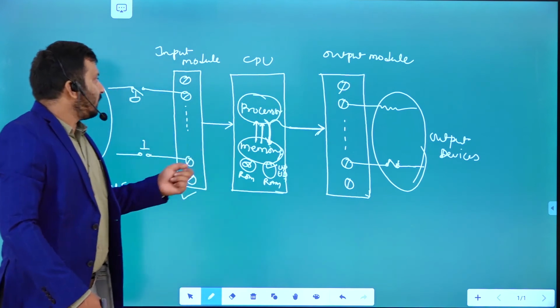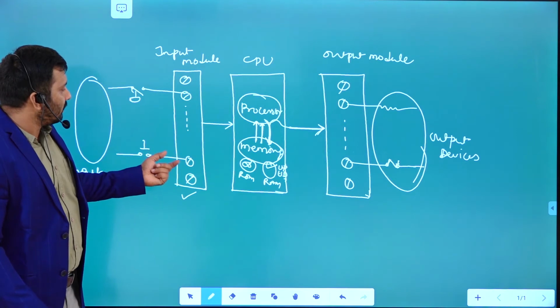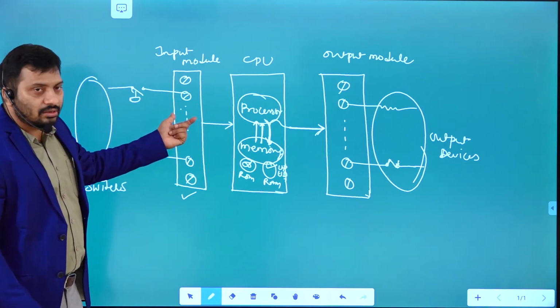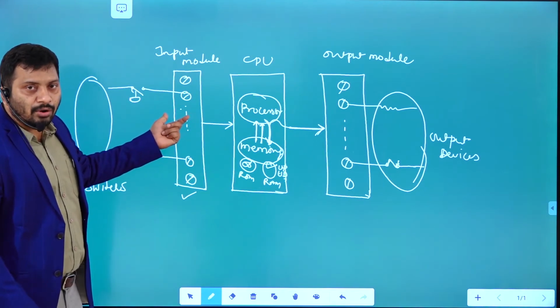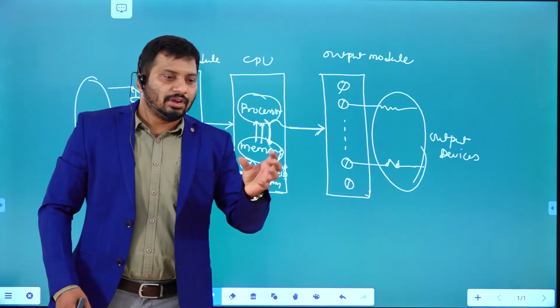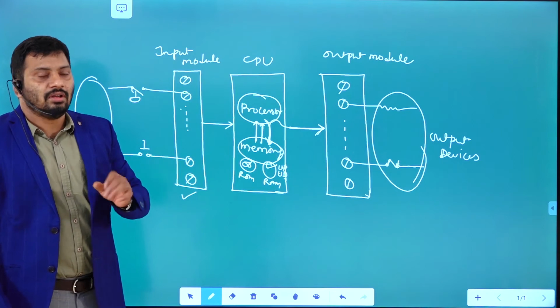If you want an AC module, you can go for the AC module; if you want DC, go for the DC module. A combination of input and output module is also available. These are all physical devices.